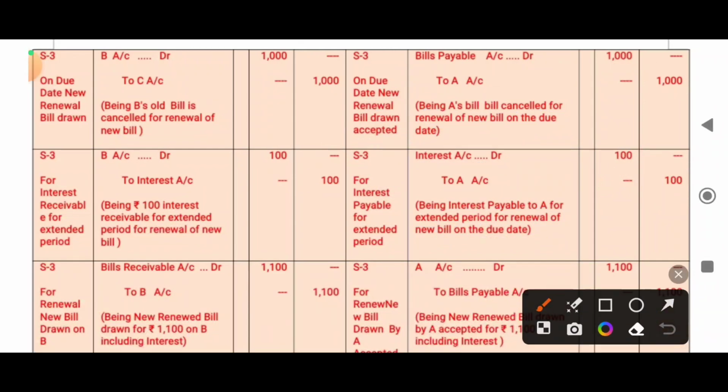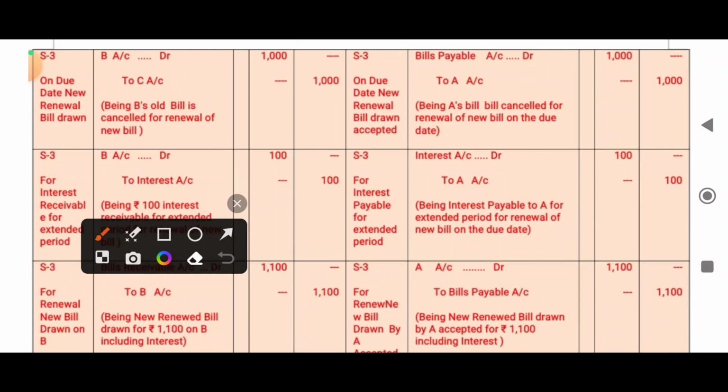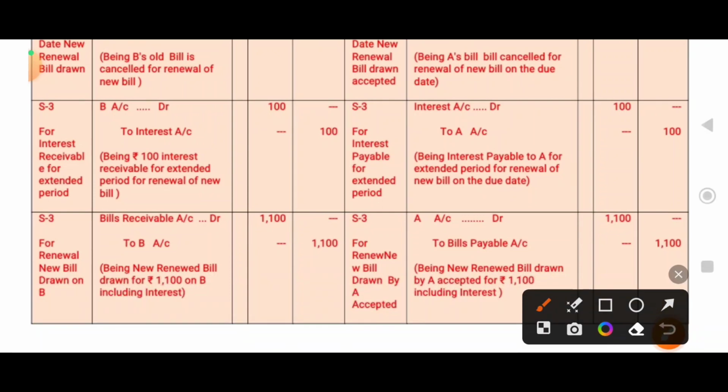Next, lastly, this entry, for renewal of new bill drawn by A and accepted by B. So A account debit to bills payable account 1,100, being new renewed bill drawn by A accepted for rupees 1100 including interest.